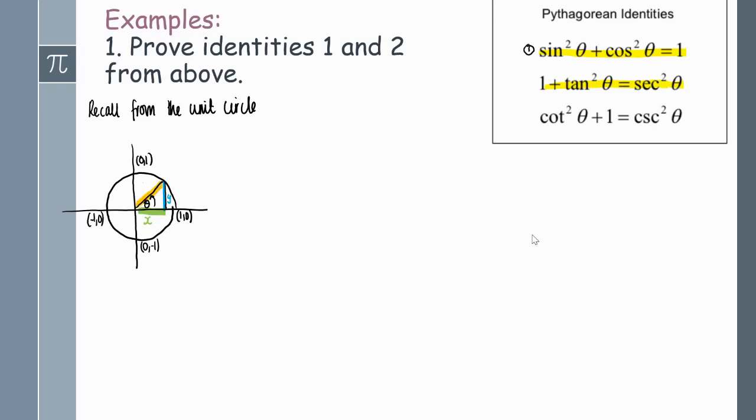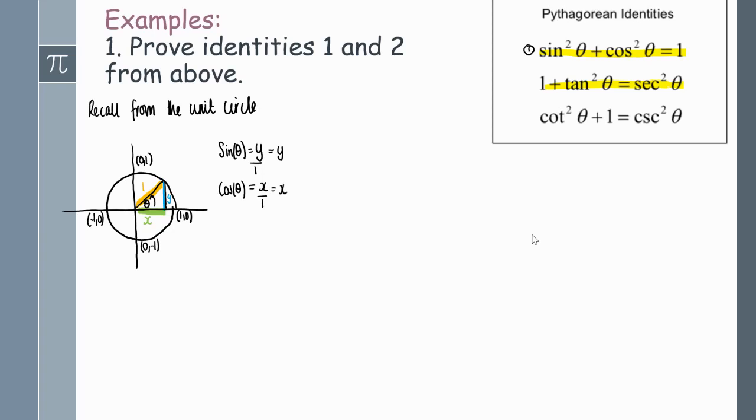And now I've formed a right angled triangle. So we know that sine theta in our unit circle is opposite over hypotenuse, so y over 1 or just y. We also know that cos theta, that is adjacent over hypotenuse, is x over 1 or just x.